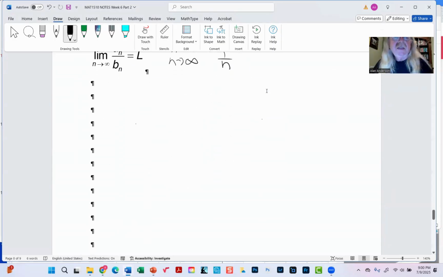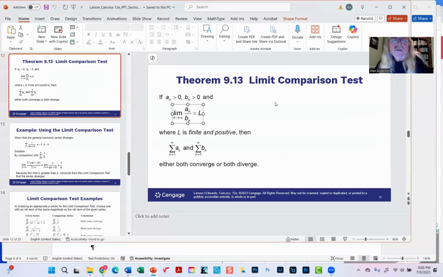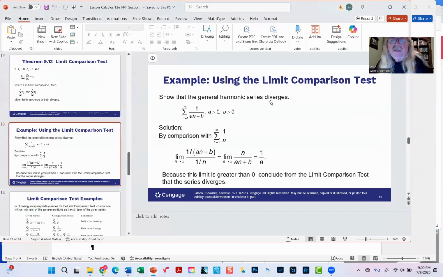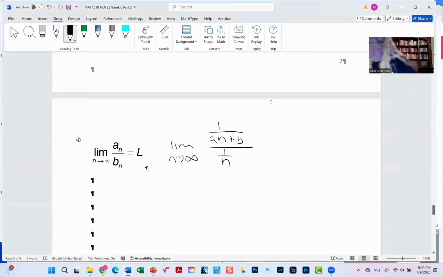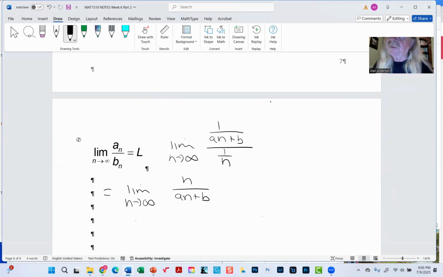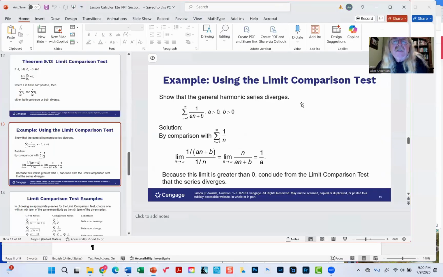Okay. And then they're going to show us that algebraically, this is equivalent to something simpler, because dividing by 1 over n is the same thing as multiplying by n over 1. And because n goes to infinity, what we can do now is divide out the n's.